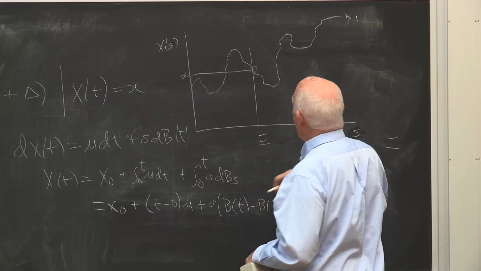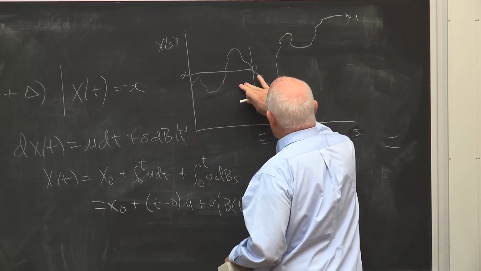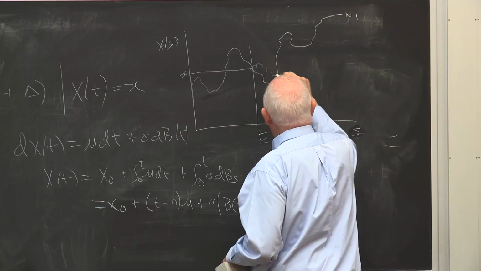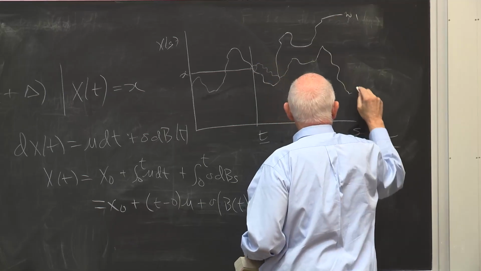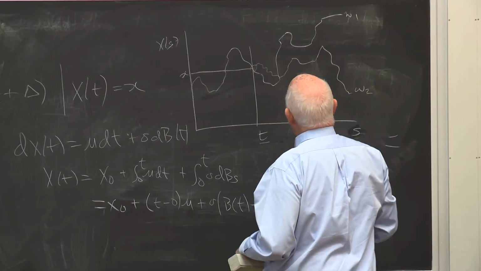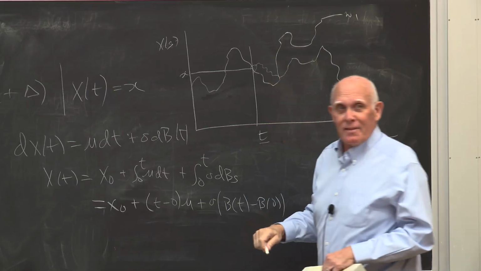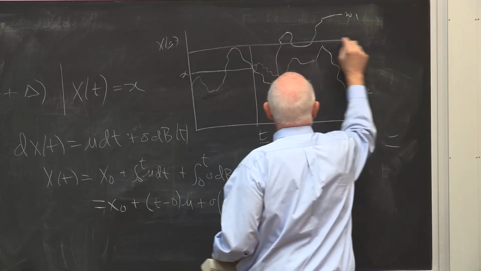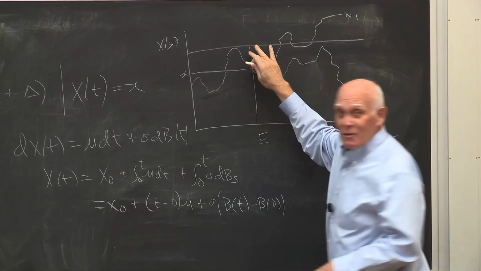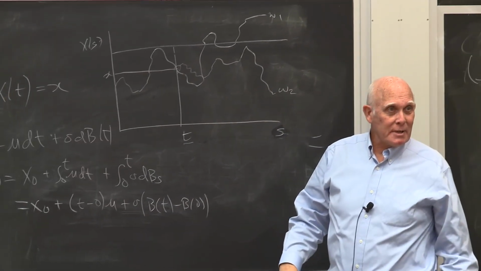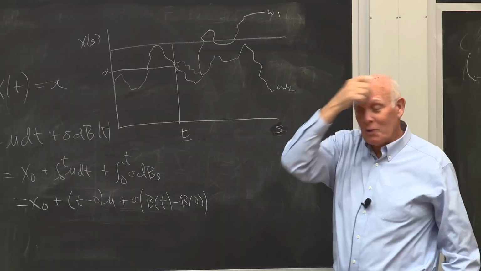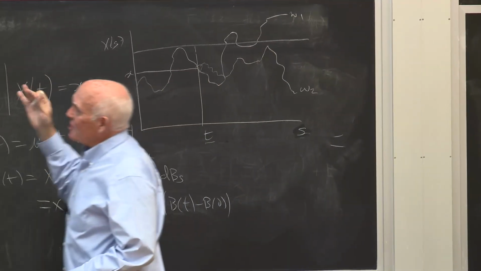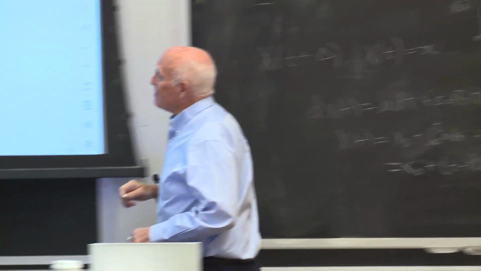Another possible path actually matches the first path up to time t, but then continues on somewhere else. Another path could be one that is reflected about a given level. We went through this a bit in our discussion of Brownian motion processes. And so we can think of just the collection of all possible paths.